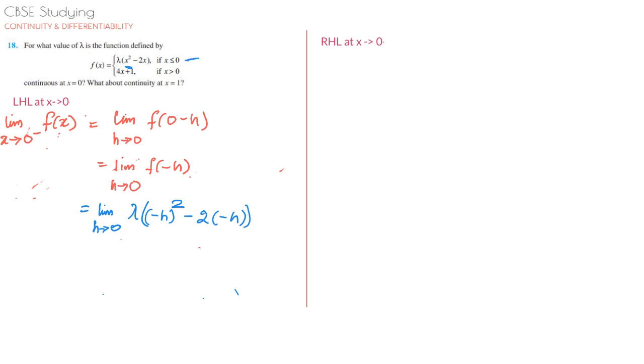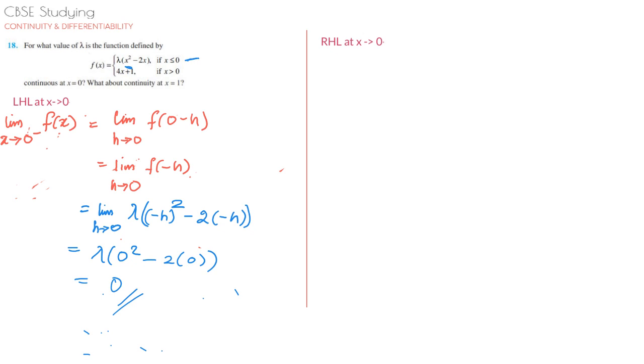And now I'm going to simplify this by putting h equals to 0 wherever I have an h. So that becomes lambda into 0 square minus 2 into 0, which is equal to 0 on the left hand side.